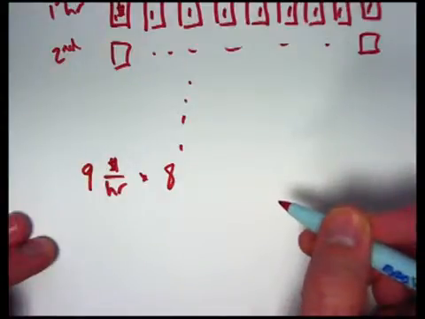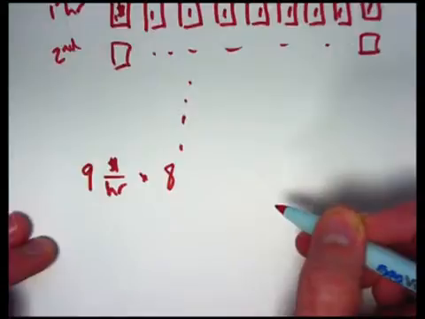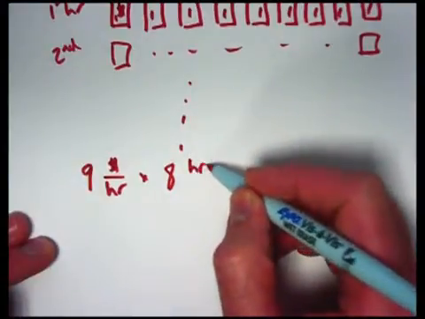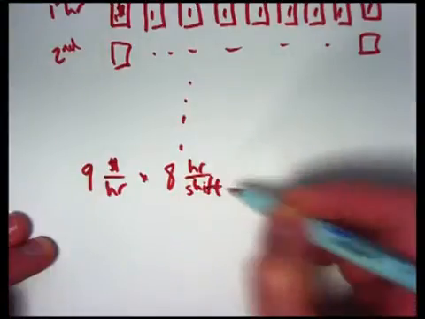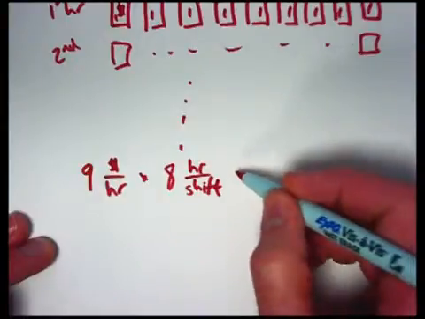Now the unit for the answer to the previous one here was hours, but because we're ultimately going to be thinking about having 5 shifts per week, and we don't want the word shifts in our final answer in terms of the unit, it'll be better if we think of this 8 hours as 8 hours per shift. And again, it doesn't matter if I make the hours plural or not.